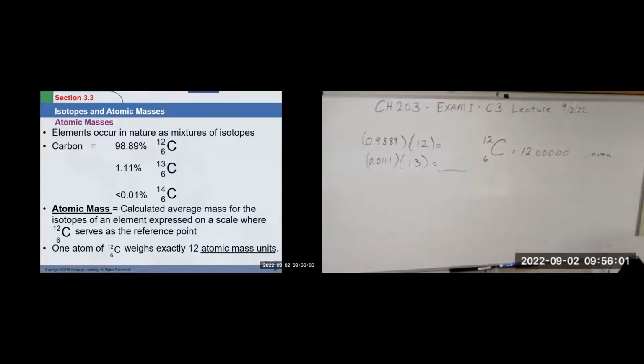This is an old table, but they don't change a whole lot, not in the second decimal place. It's usually fairly constant all the time. They recalculate them occasionally, and they will change in about the 4th, 5th, or 6th decimal place. So it doesn't matter to us. So on this table, carbon is 12.0114.